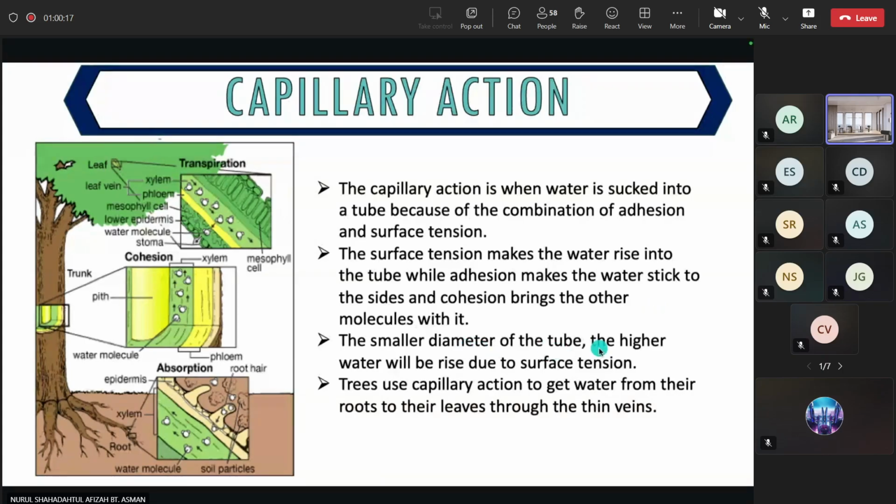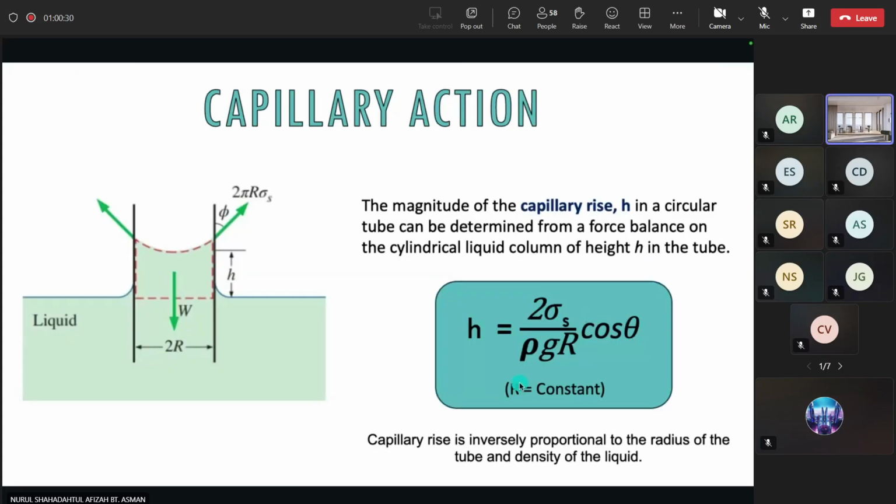So the smaller the diameter of the tube, the higher the water will rise due to the surface tension. This is the same one as the video explained just now. So this is the equation where the magnitude of capillary rise h in a circular tube can be determined from a force balance of the cylindrical liquid column of height h in the tube.